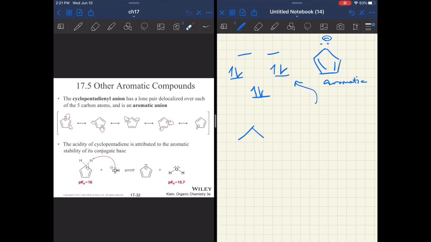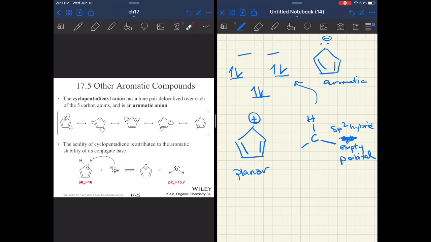Now, it's a little bit easier to see how rule 1 works if you have a plus charge. Because if you have a plus charge, that carbon has 1 hydrogen, 1 bond to one side of the ring, 1 bond to the other side. So only 3 bonds, it's also sp2 hybridized. And there is an empty p orbital. So rule 1 is checked, right?